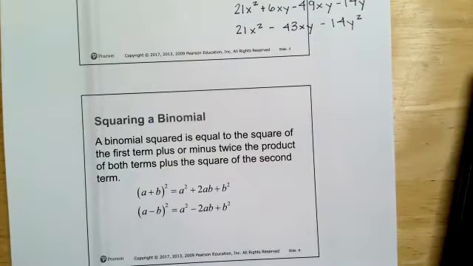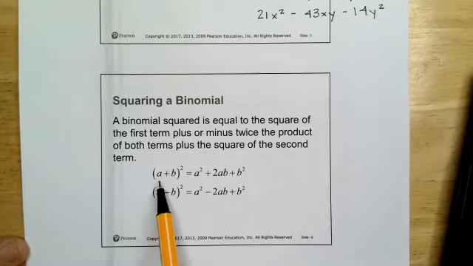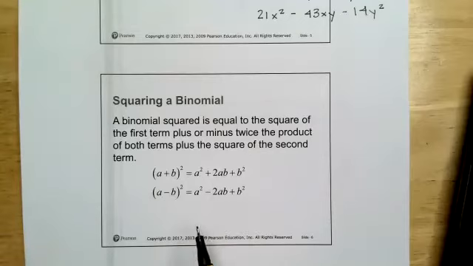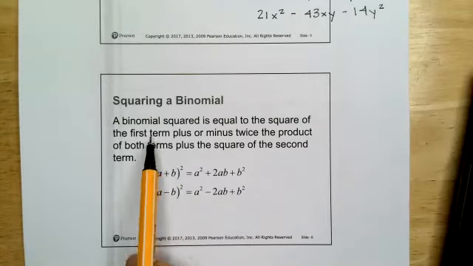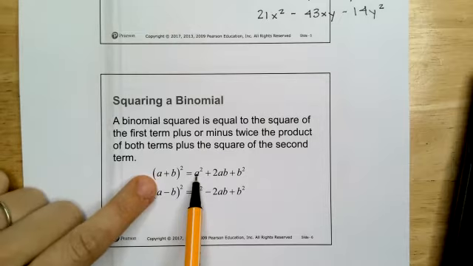Okay, there's a rule for it, but you can get there without the rule. So if you wanted to put this on your note card, it can just save you a step. A binomial, which is just two terms, a binomial squared is equal to the square of the first term.